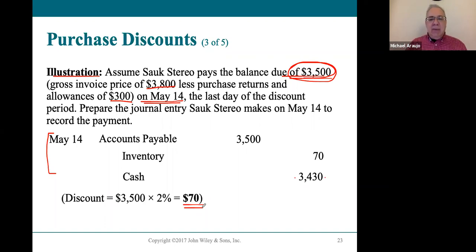If I buy inventory and I then have to pay for shipping, that means my inventory costs more. Well, guess what? If I take a discount, that means my inventory costs less. And so the credit goes to inventory because it's saying, look, I paid less for my inventory because I took the discount. So inventory increases with shipping, decreases with discounts.